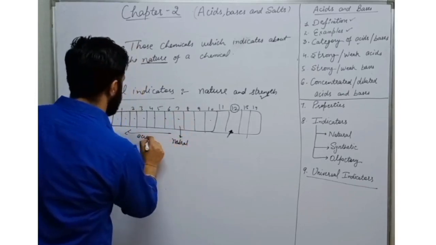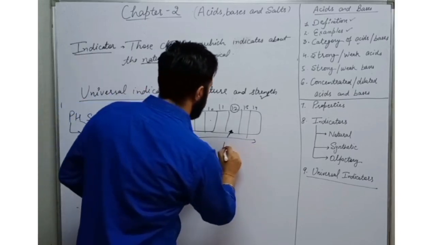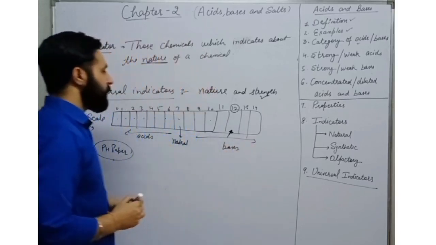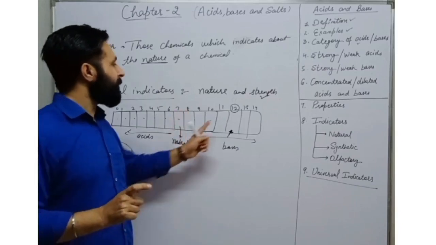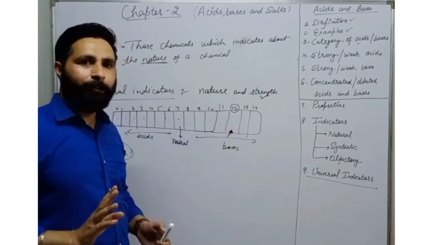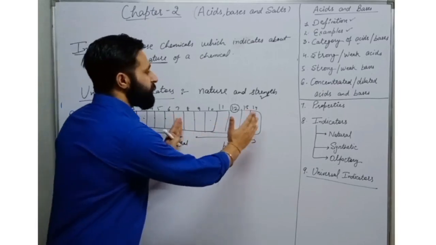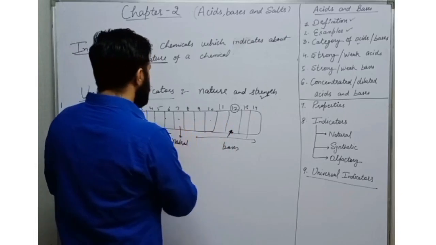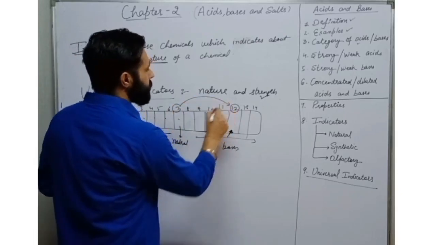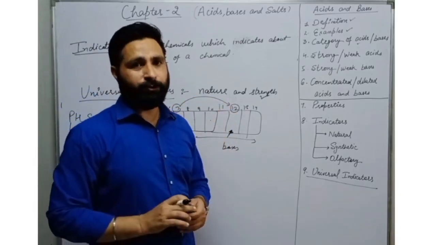These are acids. These are bases. So first of all, nature is clear because its color matched with 12. So it is a base because 7, between 7 to 14, all are base. Second one, it is very far from 7, so it is a strong base also.